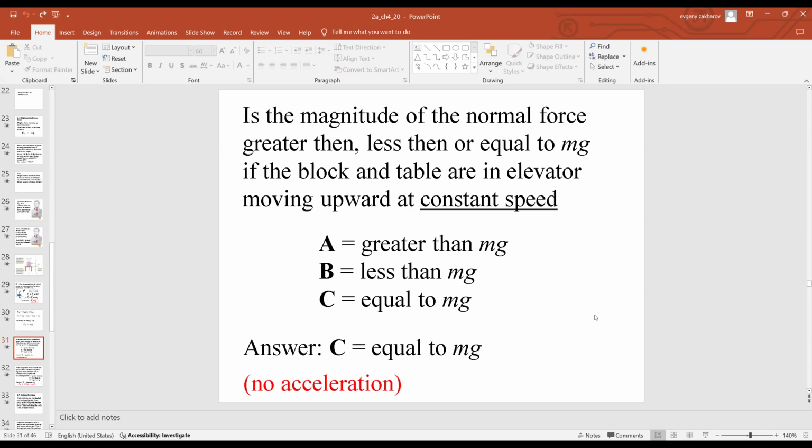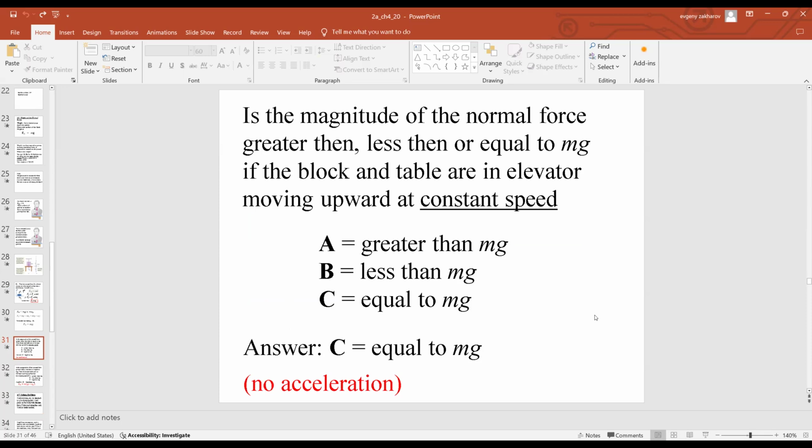Is the magnitude of the normal force greater, less, or equal if the block is going upward at constant speed? Constant speed is the key word. Constant means no change, and if there is no change, that means acceleration is 0.